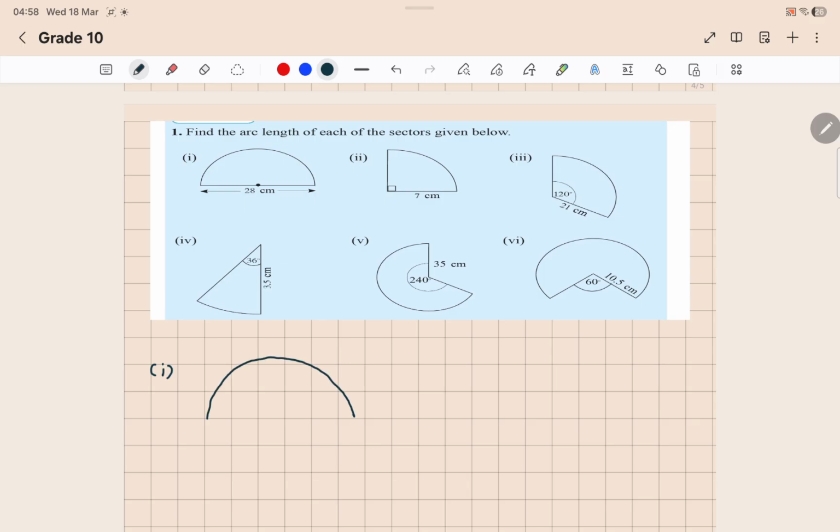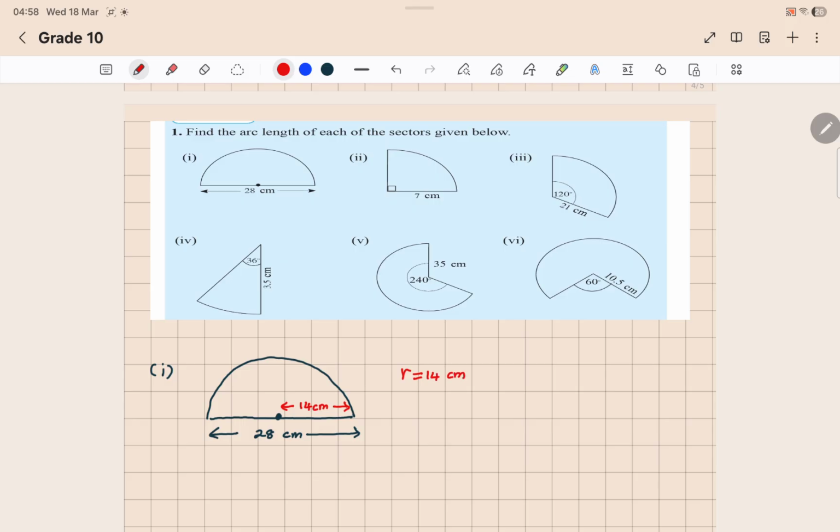This is a semicircle. The first thing you need to figure out is the radius. They have given the diameter, which is 28 centimeters, so the radius is 14 centimeters.